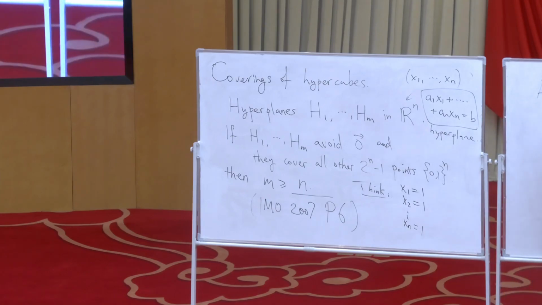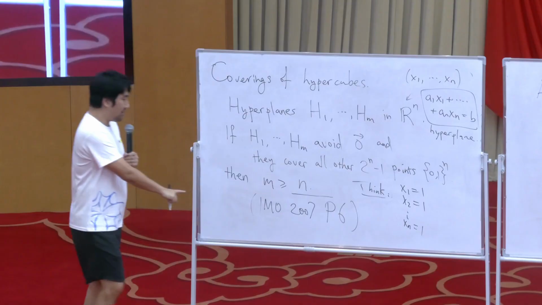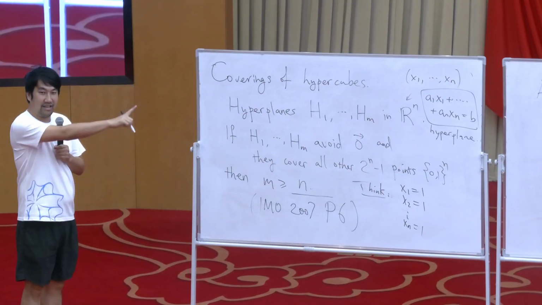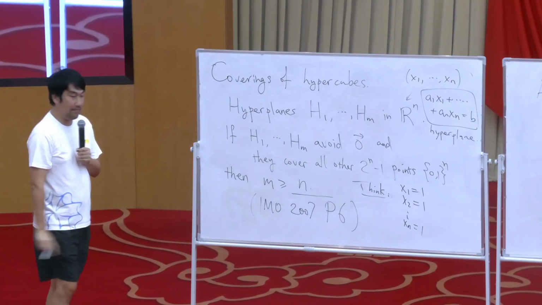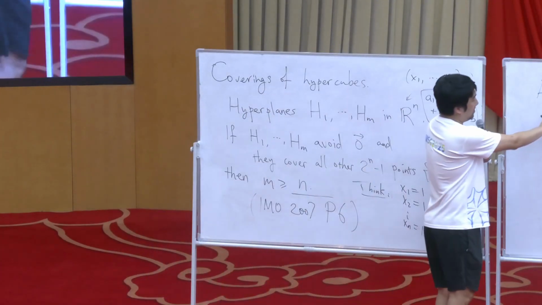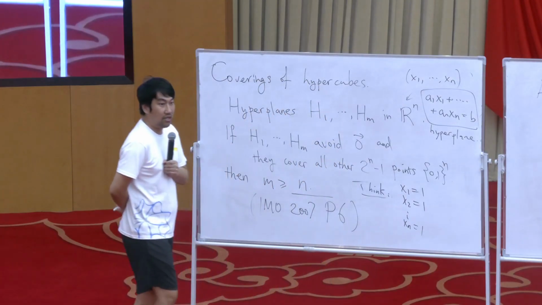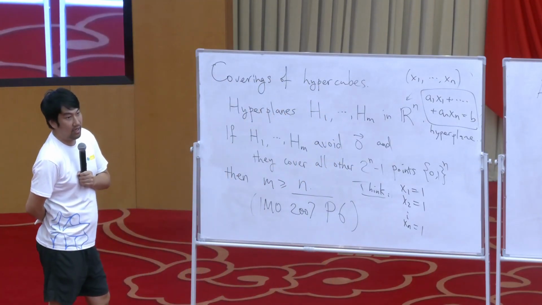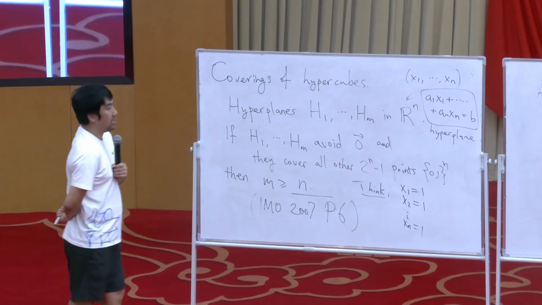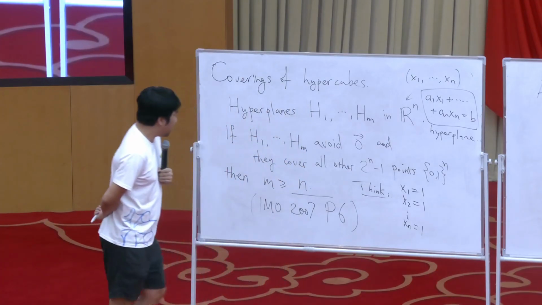It dates back to 1993. Somehow after 14 years, somebody on the IMO committee realized that they can take that problem and put it on the IMO. By the way, Alon is a great figure in combinatorics, and he won the 2024 Wolf Prize, a very prestigious prize in mathematics. So there is this very nice theorem.